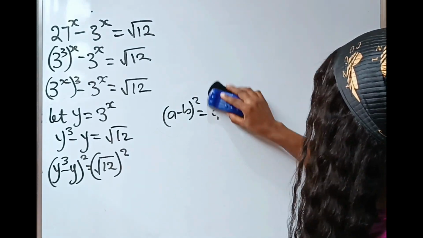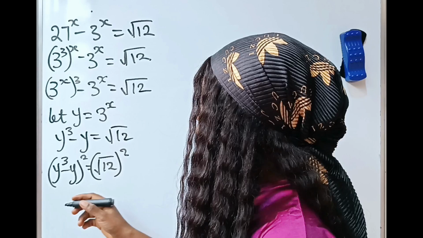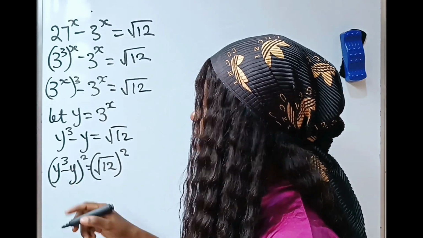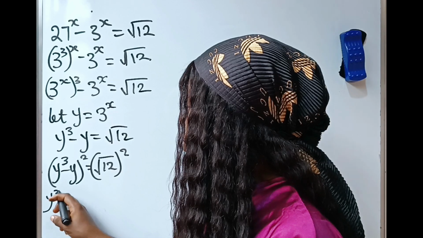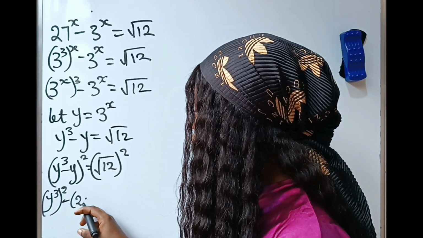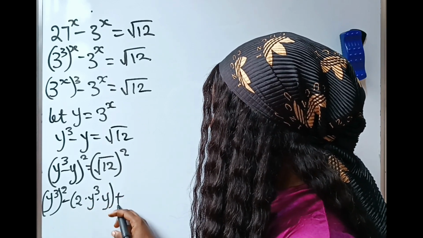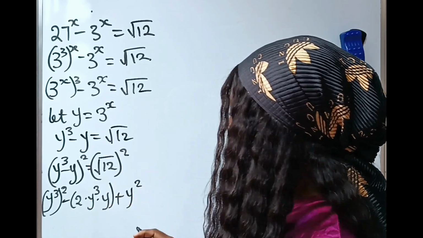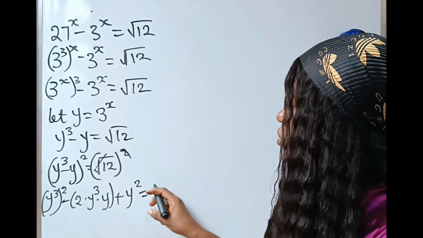So we apply that here, whereby our a is y to the power of 3 and our b is y. So it's going to be a squared, that is y to the power of 3 squared, minus 2ab, 2 multiplied by y to the power of 3 multiplied by y, plus b squared, that is plus y squared, is equal to what?